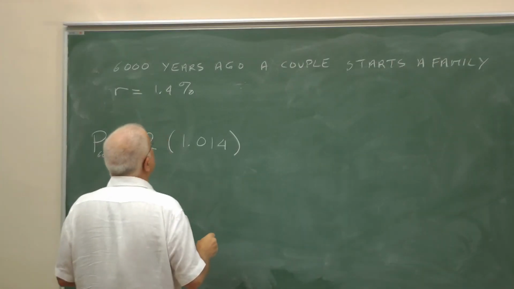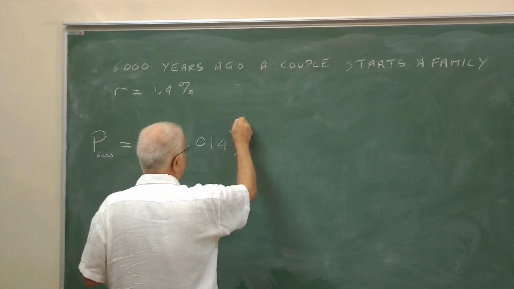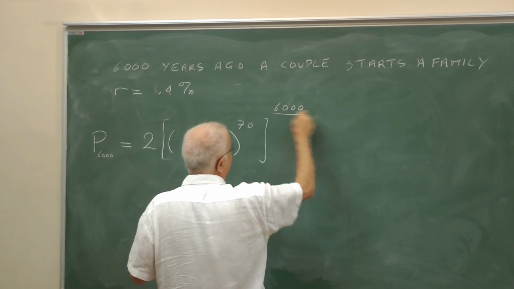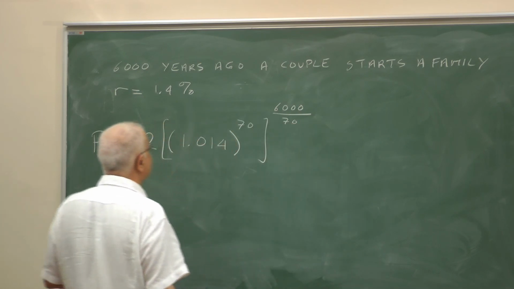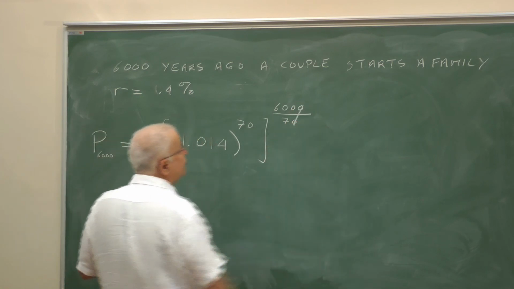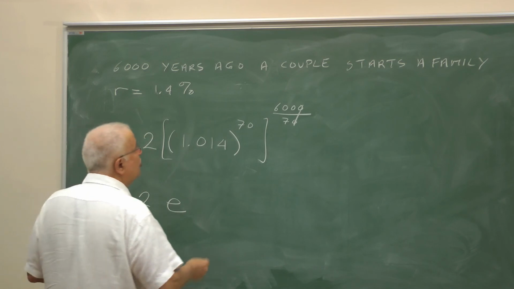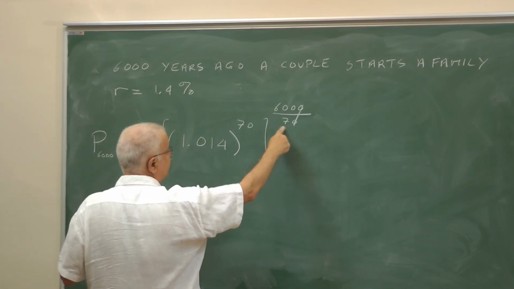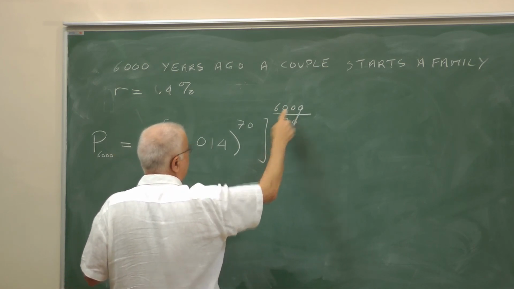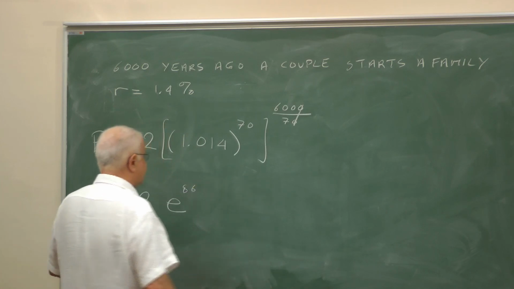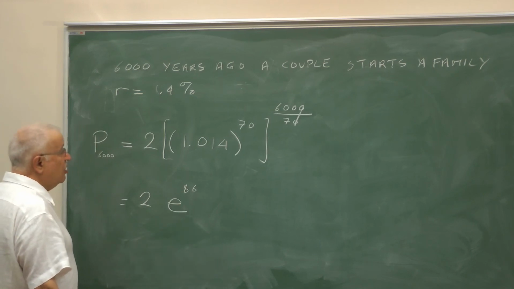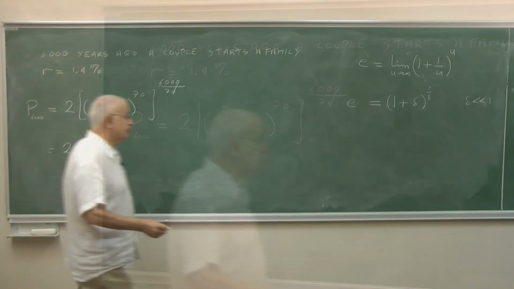1.014 to 6,000, which I'll write as 70, then 6,000 divided by 70. So this is 2 e to the 600 divided by 7, which is 86, approximately. Now, how many 2.3s are there?